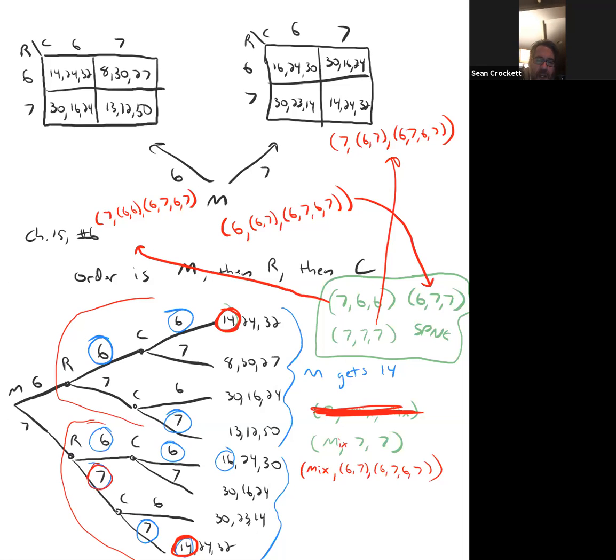Player 2 says, okay, if you went up, I choose 6. If you choose down, I choose 7. So there's 3 pure strategy subgame perfect Nash equilibria, and there's one set of mixed strategy equilibria where player 2 and 3 are fixed, but player 1 is mixing any proportion between 6 and 7.